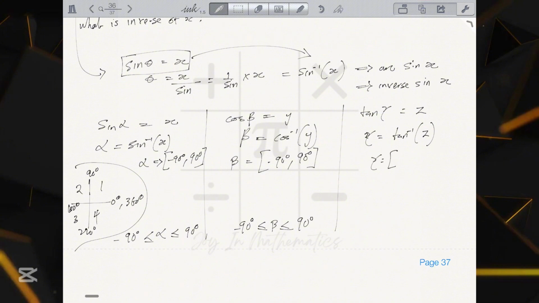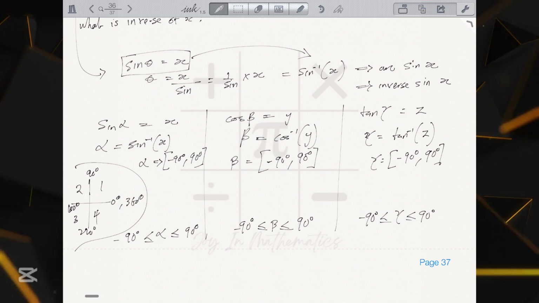Gamma is going to be minus 90 degrees to 90 degrees. So we are considering both the negative angles and the positive angles.